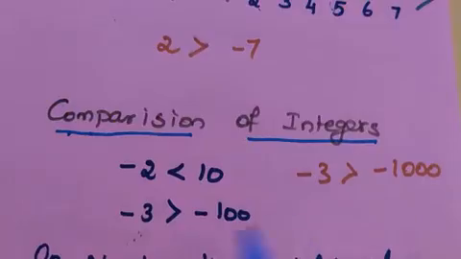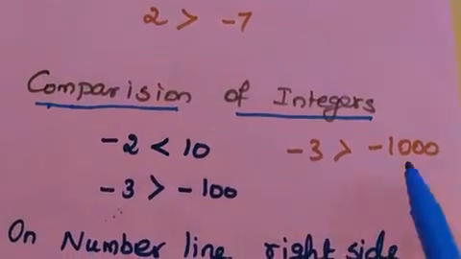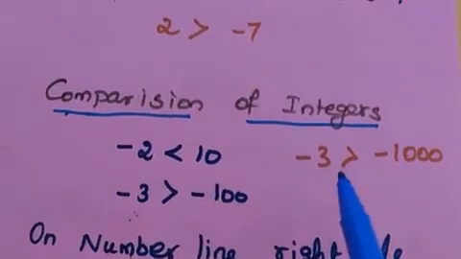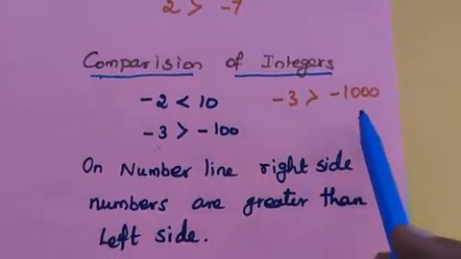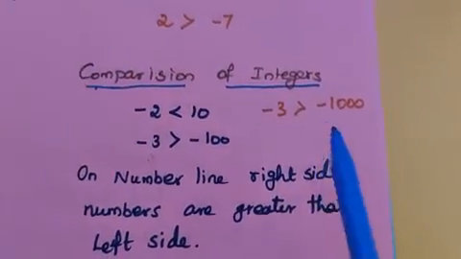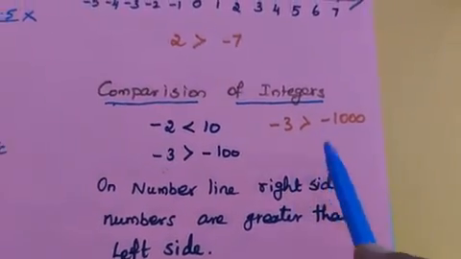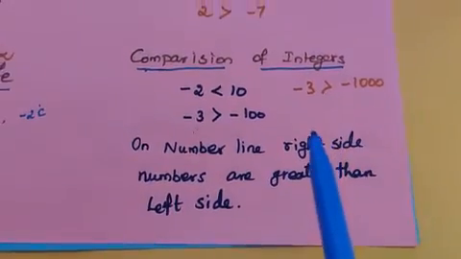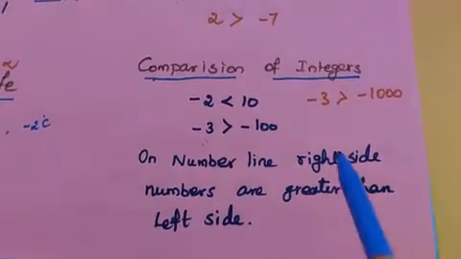If you compare minus 3 and minus 1000, again minus 3 is lying on the right side of minus 1000, so it is greater in value. So whenever two negative numbers come, the smaller number is the one that has the greater value. Understood? I hope this point is clear for you.